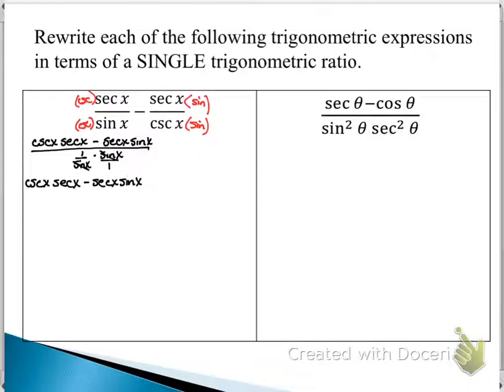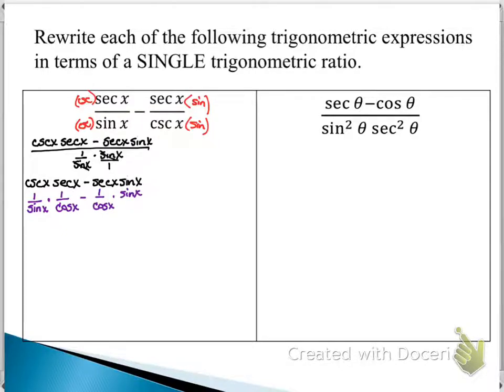So now I'm going to use the identities, where cosecant x is 1 over sine x times secant x is 1 over cosine x, minus 1 over cosine x times sine x.